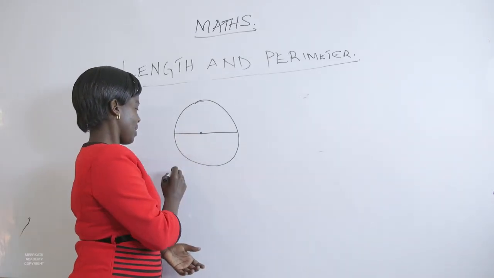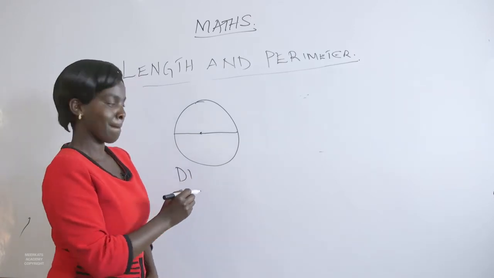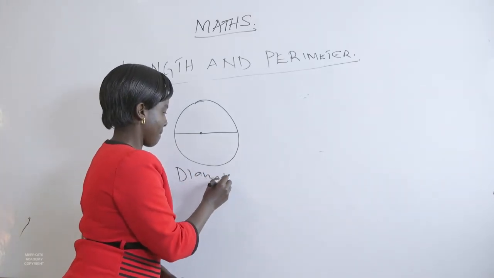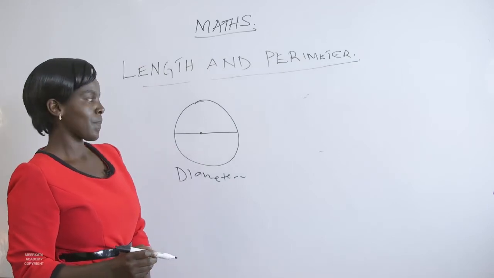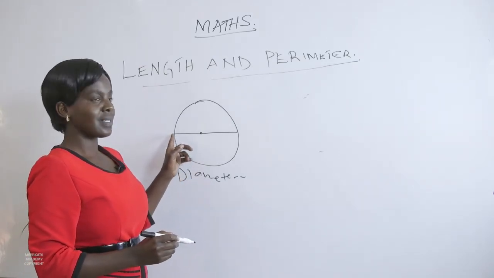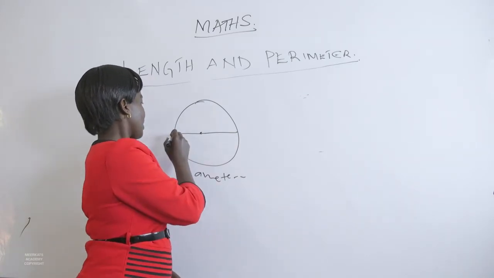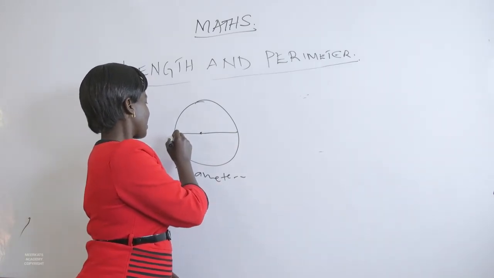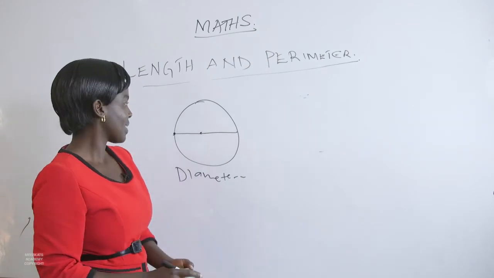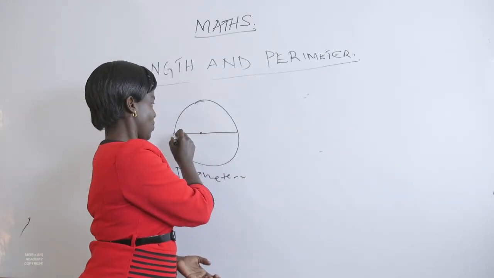So diameter is the distance from the circumference of a circle to the other side through the center.